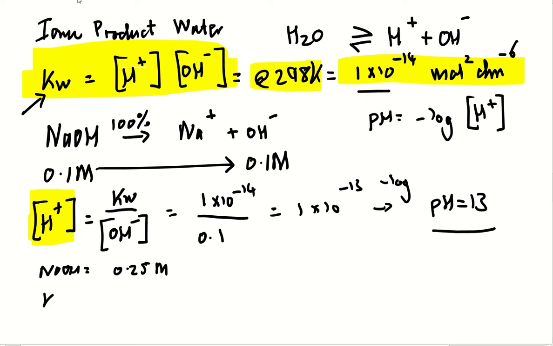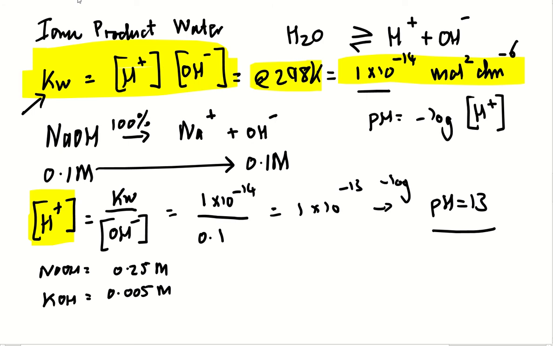Let's do KOH, which has a molarity of 0.005 molarity. Okay, so if you pause the video there, and go and check those. I'll pop the answers up to them now.